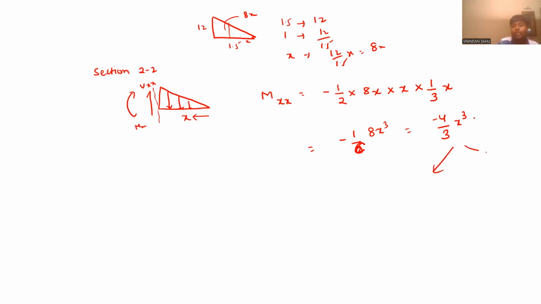So if you put x equal to 0, you will get 0, and x equal to 1.5, you will get minus 4 by 3 into 1.5 cube. So minus 4.5 kilonewton meter.